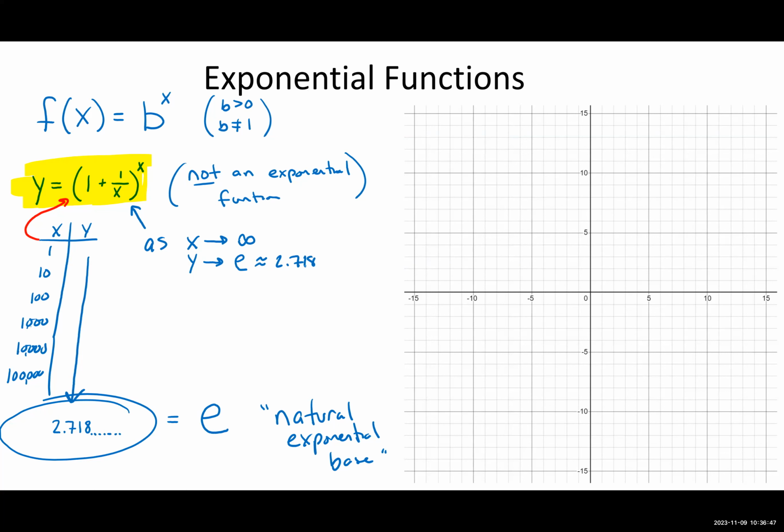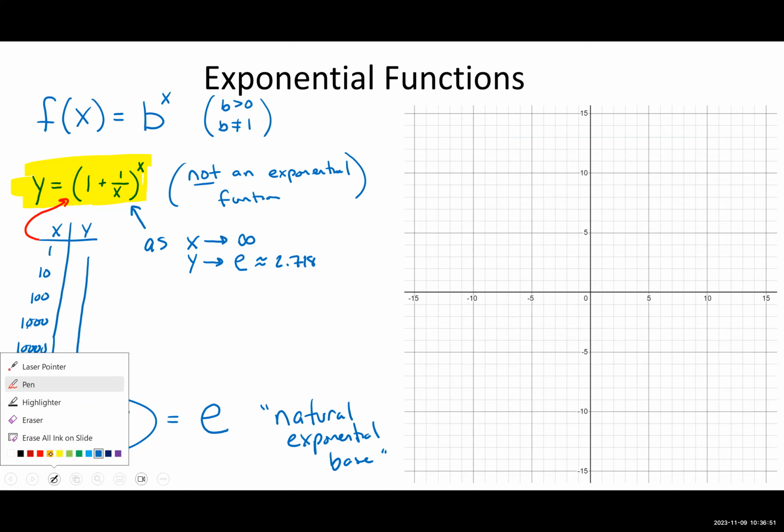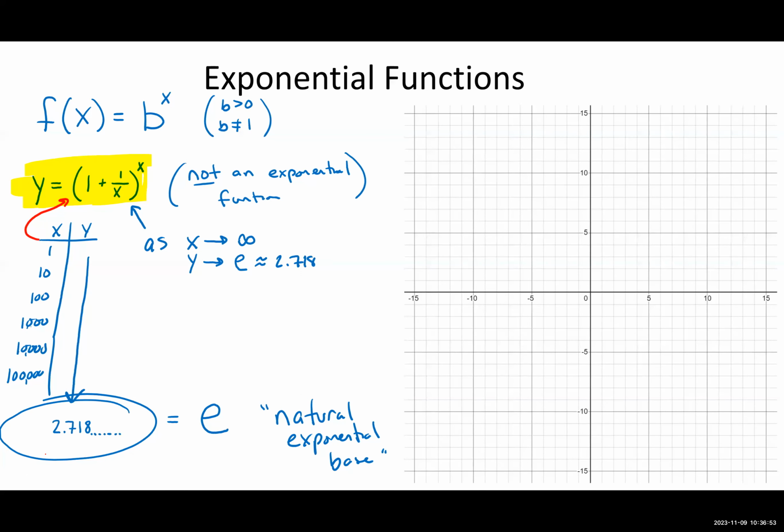So what does the graph of e to the x look like? Well, it's bigger than 1. E is bigger than 1. E is 2.7 something, right? So E is bigger than 1. So the graph looks exactly like 3 to the x. Right, it's probably a little steeper than that.